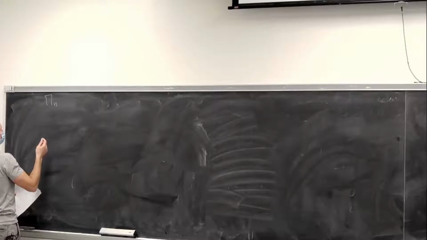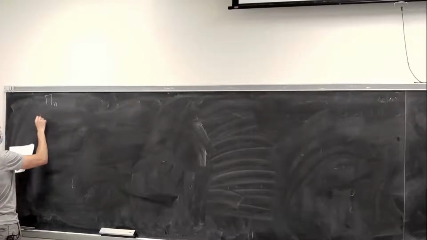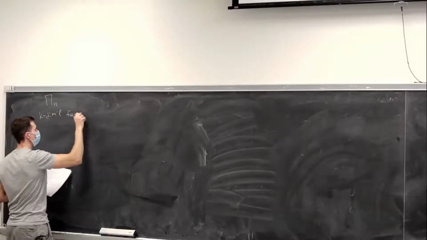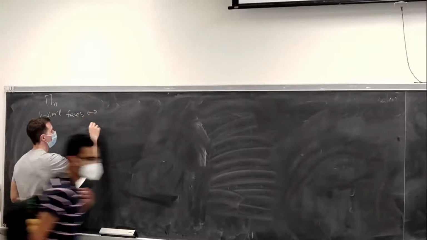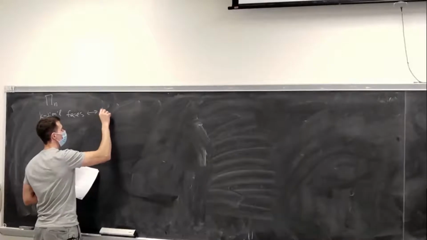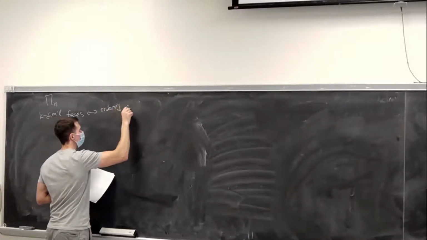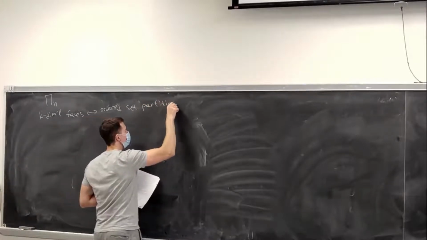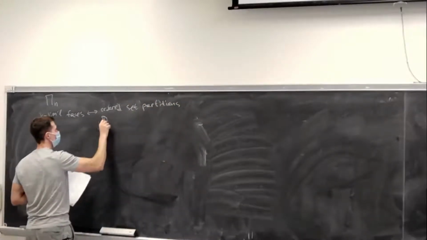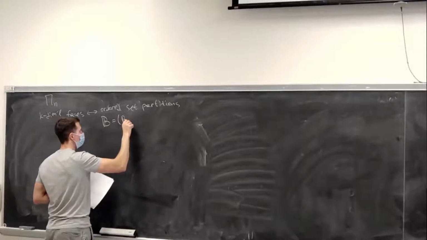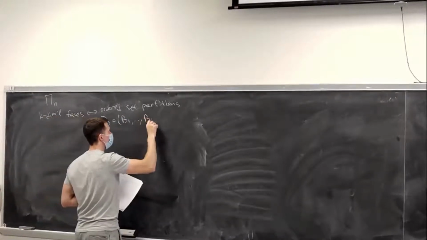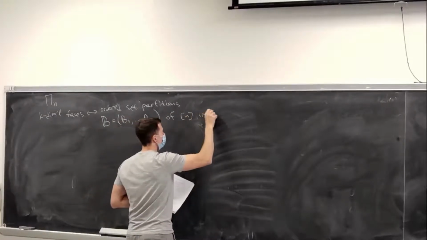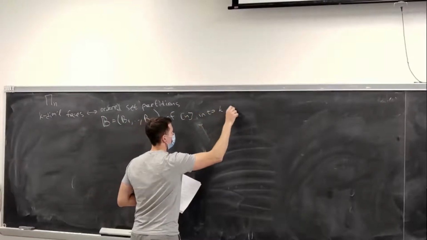So we showed that the k-dimensional faces of the permutohedron are in bijection with ordered set partitions of bracket n into k disjoint non-empty parts.